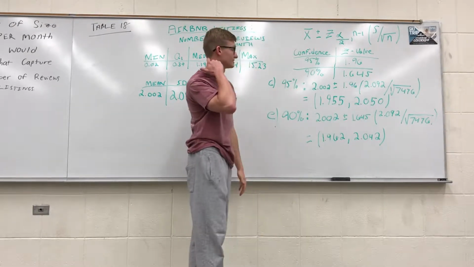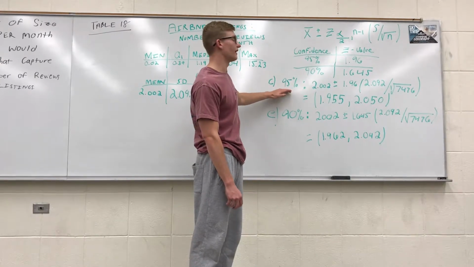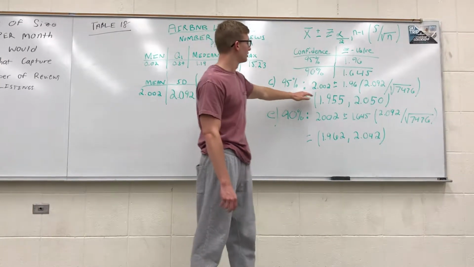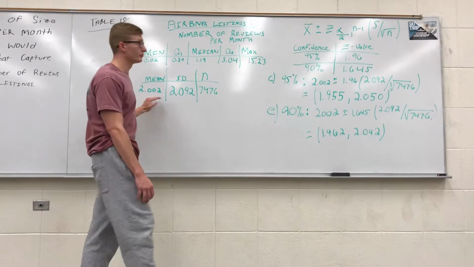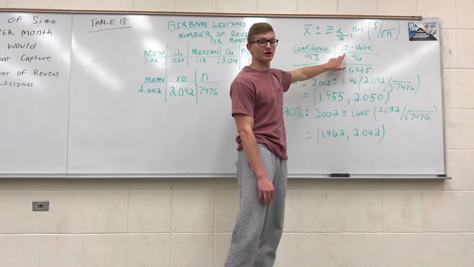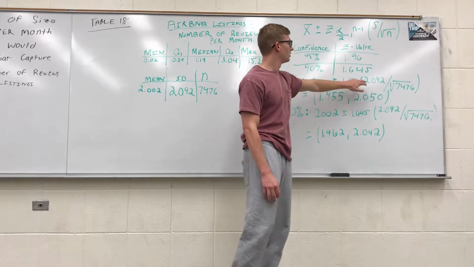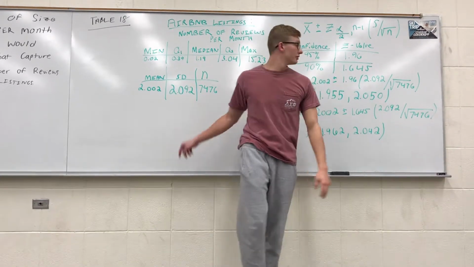Using the formula as I just described, we plug in our necessary values for a 95% confidence interval. This is our sample mean, 2.002. This is the z-value for a 95% confidence interval. This is our standard deviation, 2.092.